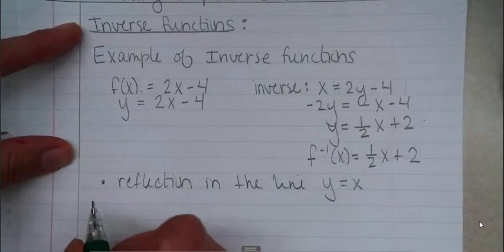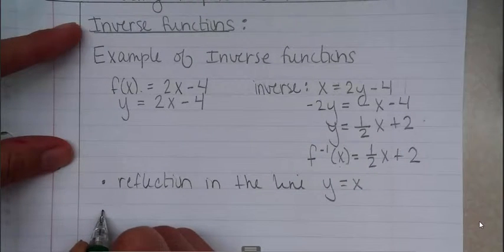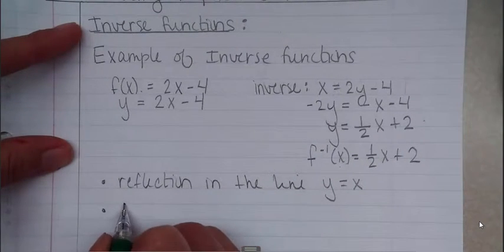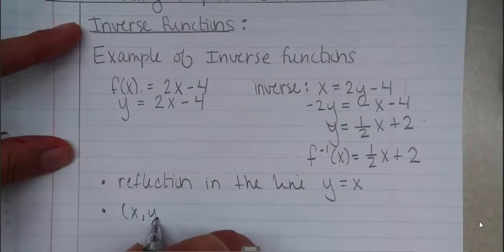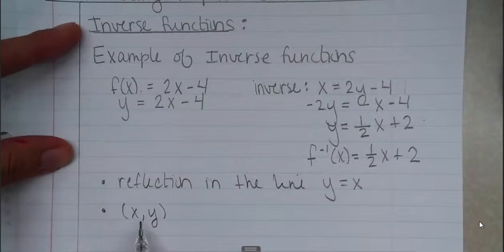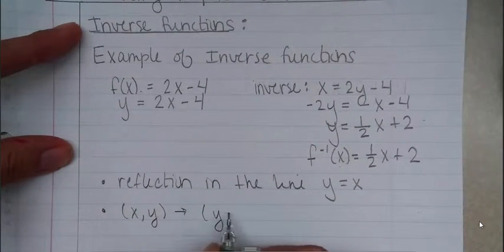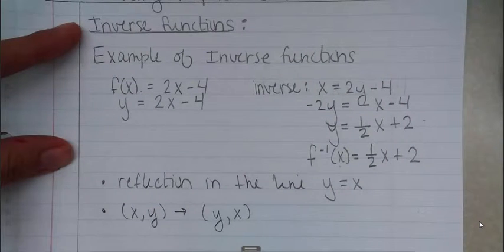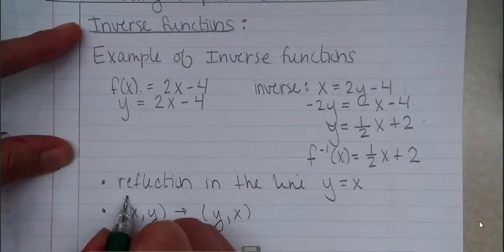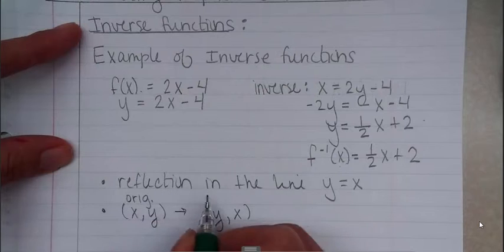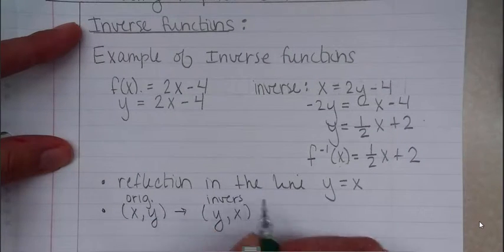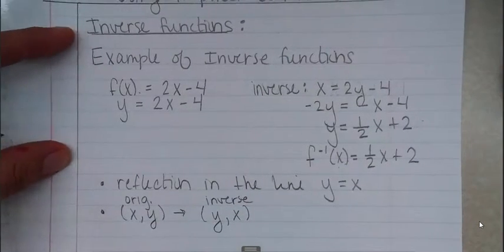So if I take those x's and y's from the original function, for my inverse function I just switch them. So my points on my inverse function look like this. This is the original, this is the inverse. That's how those points are related.